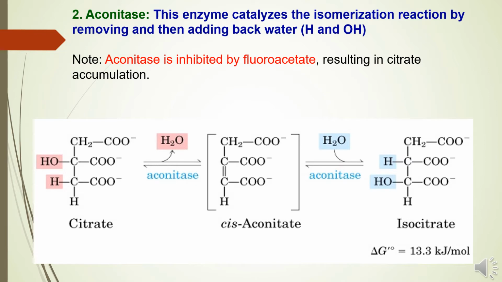Second step of citric acid cycle is an isomerization reaction for the citrate to be converted into isocitrate. And this reaction occurs in 2 steps.